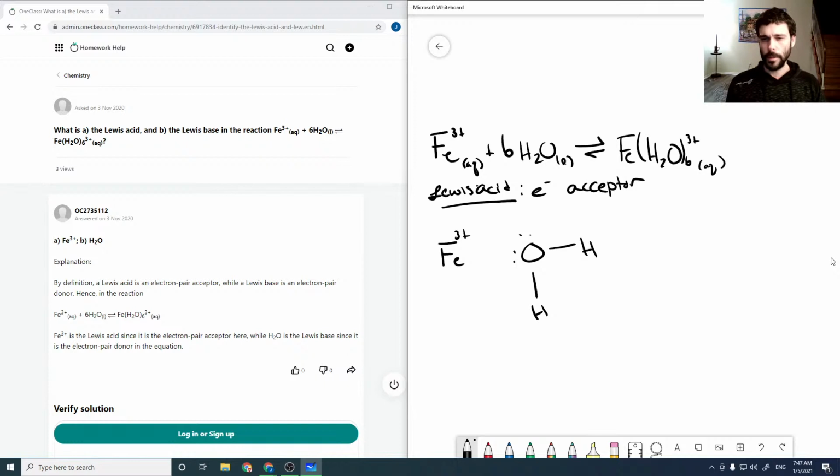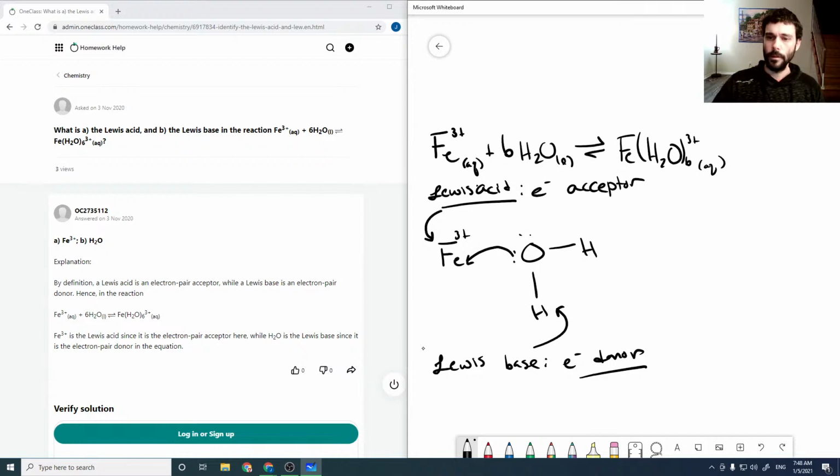And a Lewis base is an electron donor. Okay, so in this case, our water is donating electron density to our iron. So then that makes this guy the Lewis base and this guy the Lewis acid.